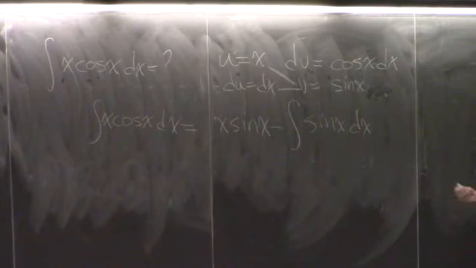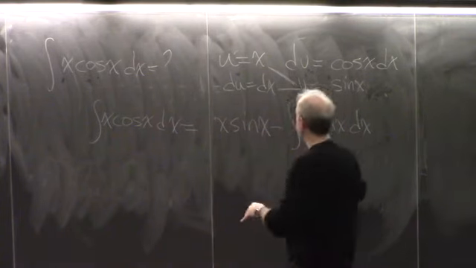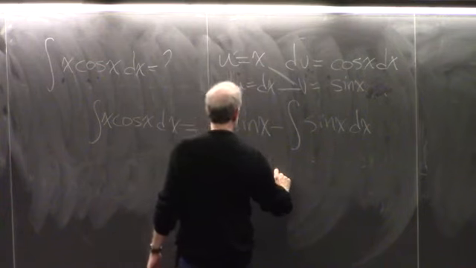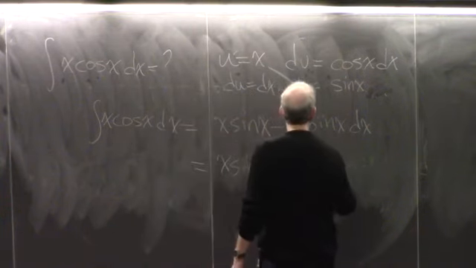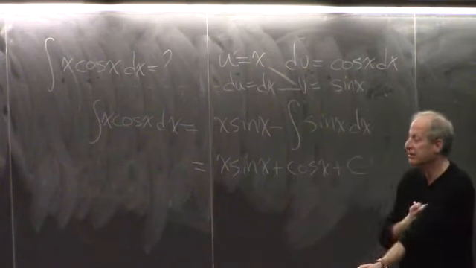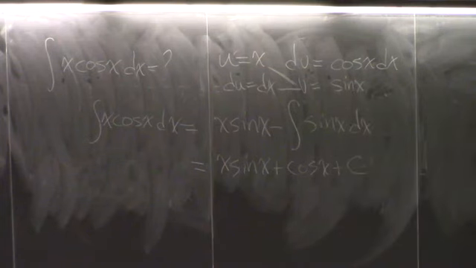Okay? And now, integral of sine x is easy. That's just minus cosine x. So this is x sine x plus cosine x. Don't forget the plus c. Okay? Never forget that. That's it. That's the solution.